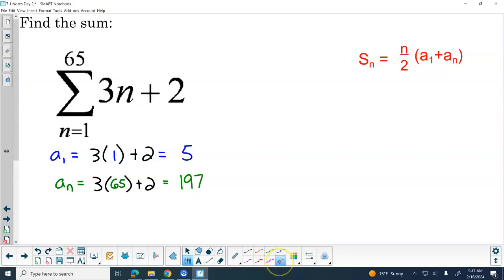How do I find my total number of terms? 65 minus 1 plus 1. 65.